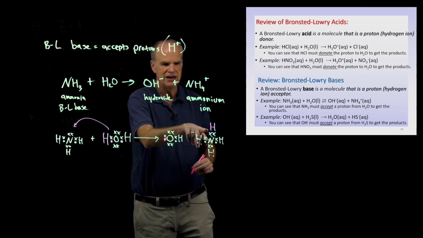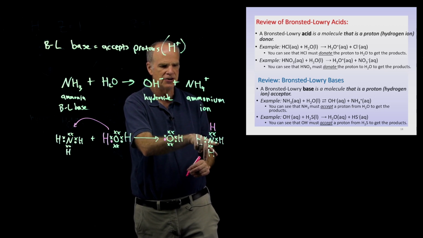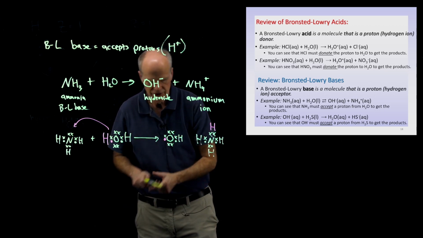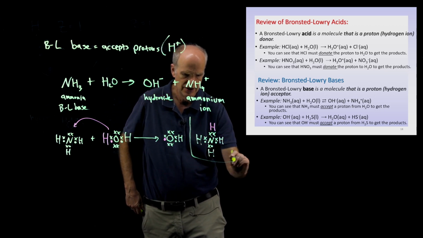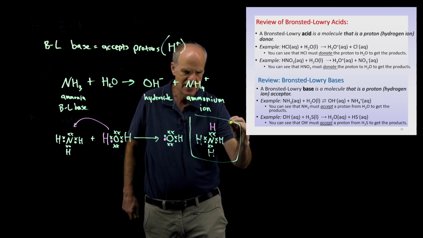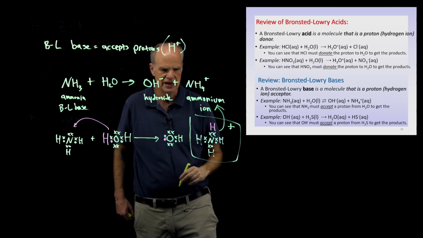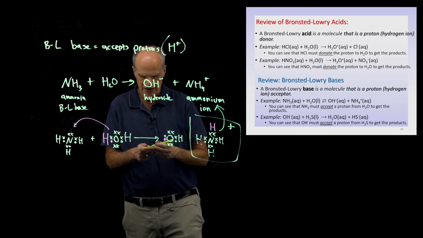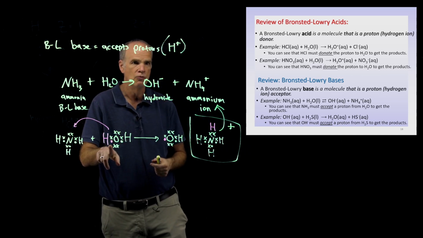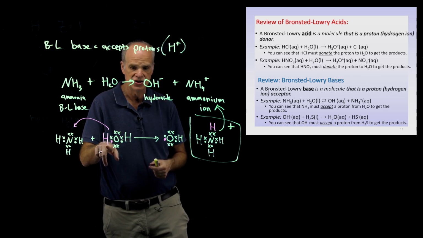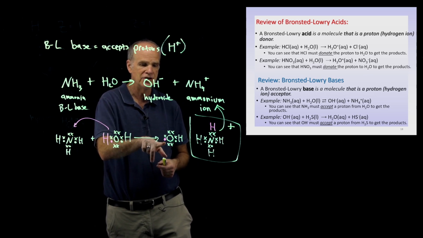And so when it does, you have the hydrogen ion sticking on ammonia, and so now this thing you see here is going to have a positive charge, and so this is the ammonium ion. And so let's think about what happened to water when it lost the hydrogen ion. Well, again, the hydrogen atom left its electron here with water, so that electron is still there.